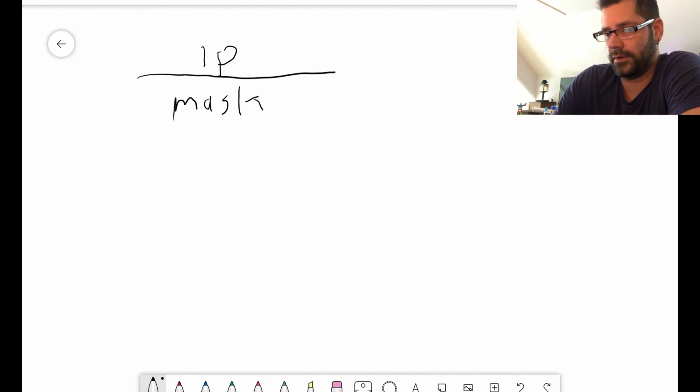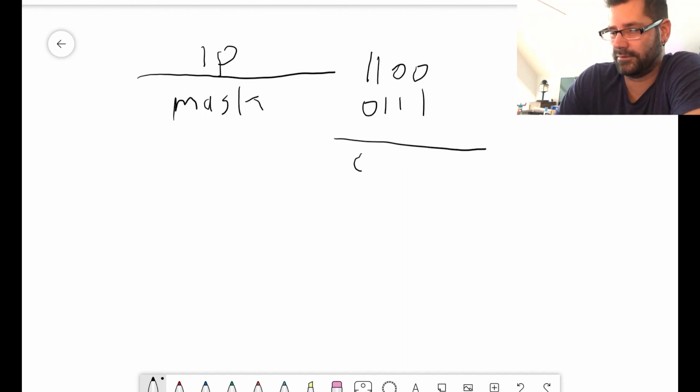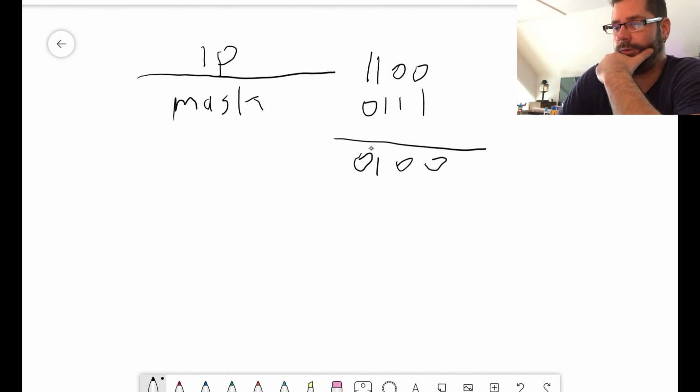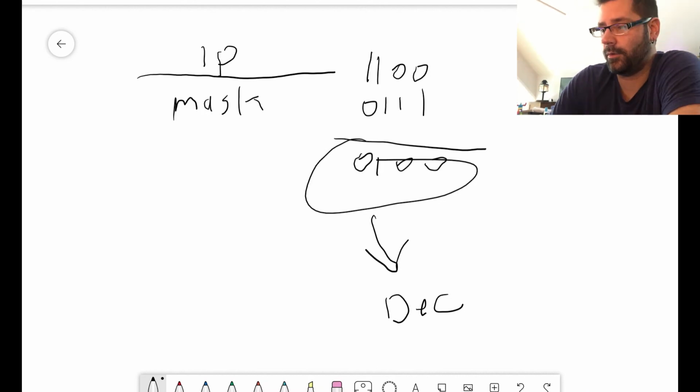So if we had 1 1 0 0 and then 0 1 1 1, that would be 1. I'm sorry, that would be 0. So we would have 0 1 0 0. And that's basically all you're doing. When you're done, convert it back to decimal, and that's how you find the network ID using a bitwise AND operation.